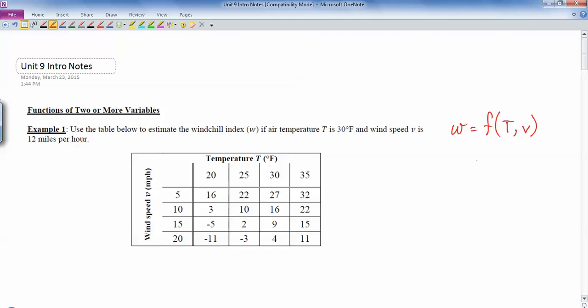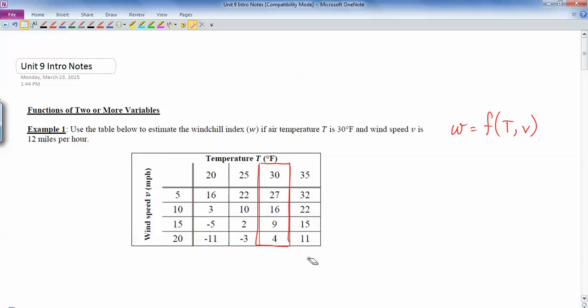In this problem, it says, estimate the wind chill index if air temperature is 30 degrees and wind speed is 12 miles an hour. Well, this whole column right here is when the temperature is 30 degrees. And the stuff in the table is the actual wind chill.